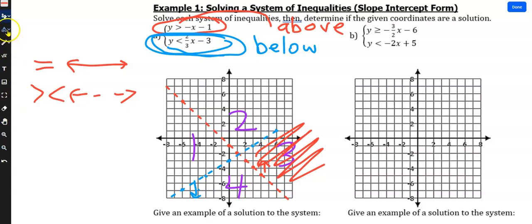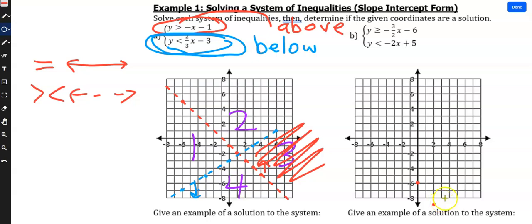Okay, so on my next one. Let's see here. We got -6, so that's down 6. Put a dot. And the slope is -3/2. So that would be down 3, which is just off my graph, and over 2 to the right.